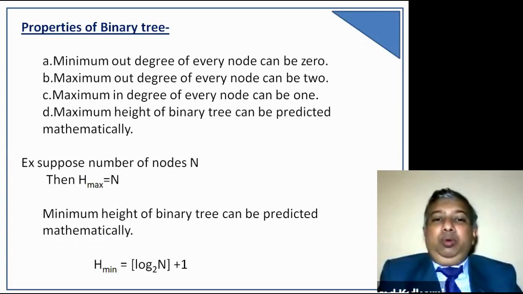To express the number of nodes in a binary tree, we can use H max is equal to n. Minimum height of a binary tree can be predicted mathematically by using H min is equal to log to the base 2 of n plus 1. In both formulas, n stands for the number of nodes.